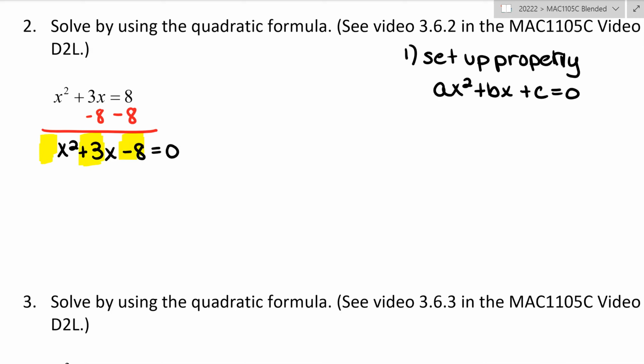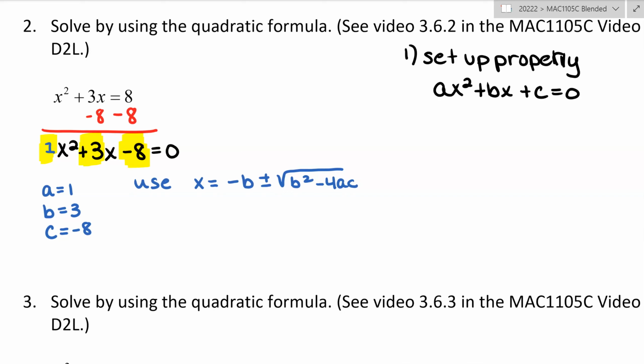So our coefficients are A equals 1, B equals 3, and C equals -8. We're going to use the quadratic formula, which says x equals -b plus or minus the square root of b squared minus 4ac all over 2a.